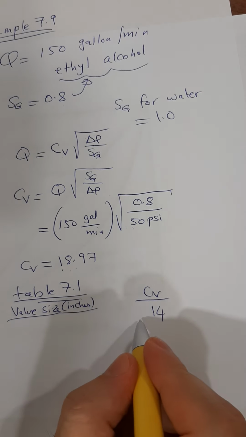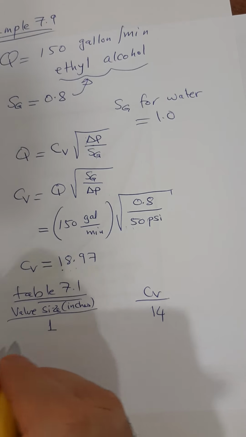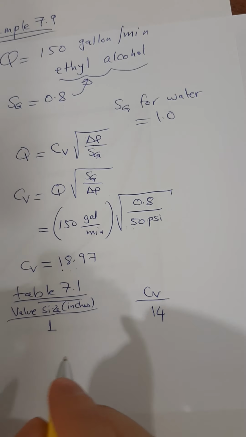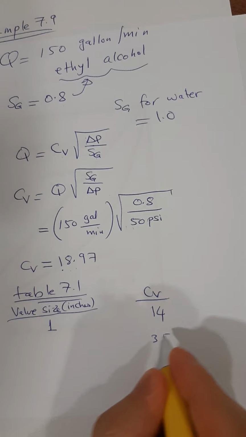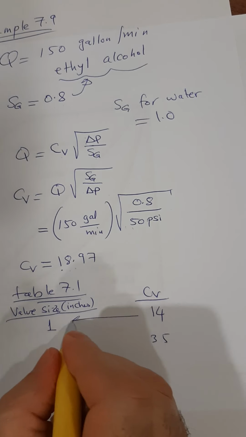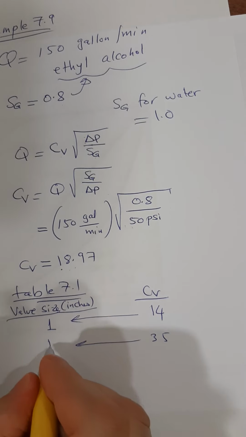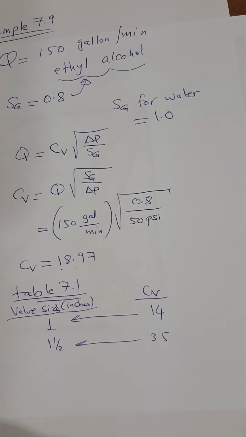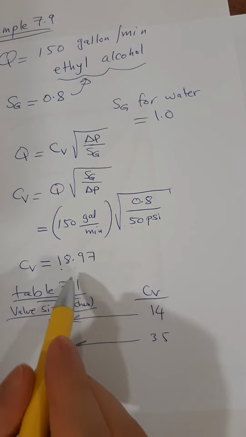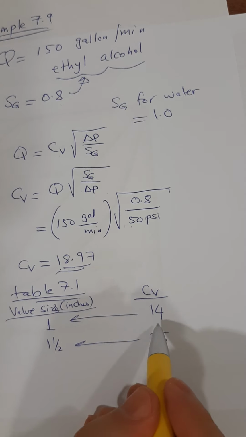If the CV is 14, then this is 1 inch in diameter. If it is 35, then this one is 1 1/2 inch. So now our CV here is 18.9.